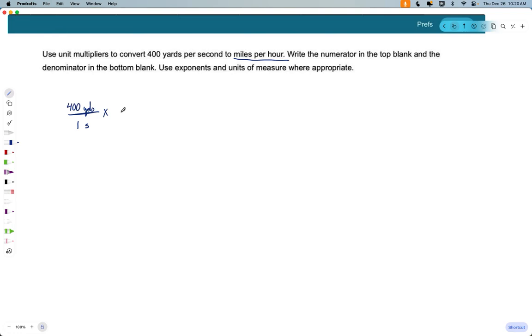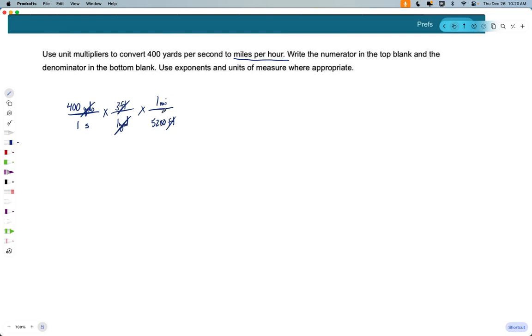So we're going to say there are 3 feet in 1 yard. That converts yards to feet. Then we're going to go back from feet to miles. In 1 mile, there's 5,280 feet. That cancels the feet.